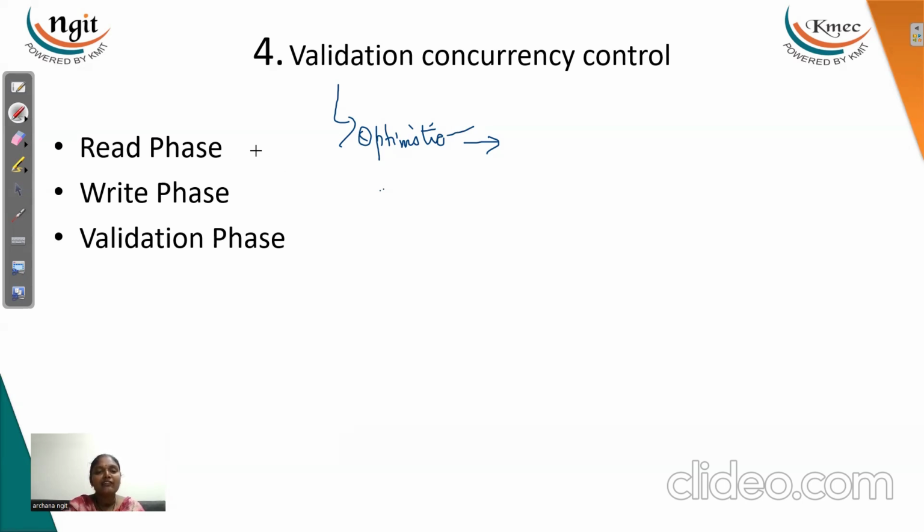So the first one is that we try to read the data which is available to it. And then while performing a writing operation, we need to check whether the user has been given proper privileges to perform changes to the actual database. So reading can be done in parallel by multiple users.